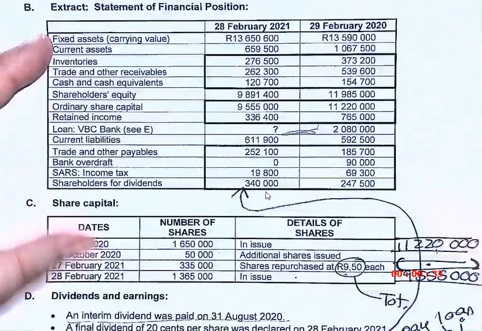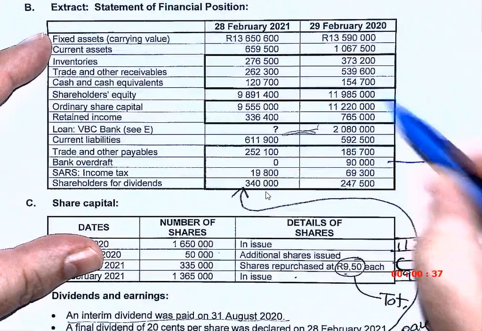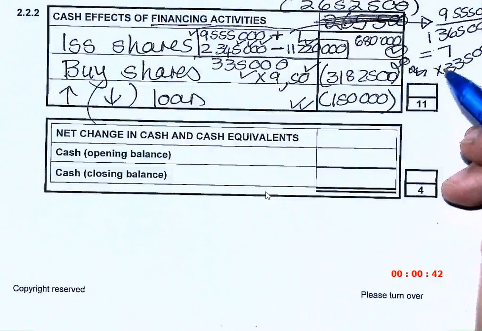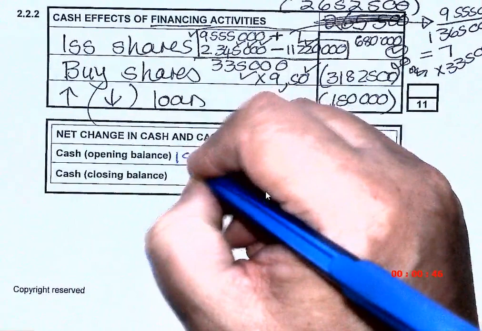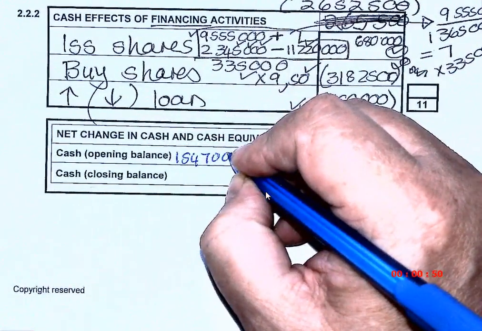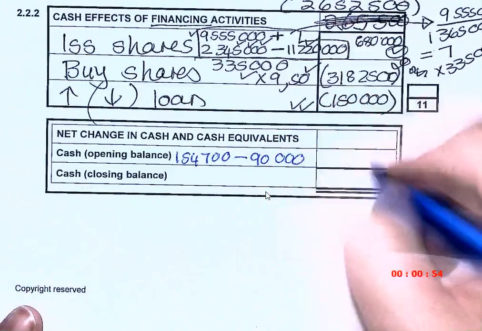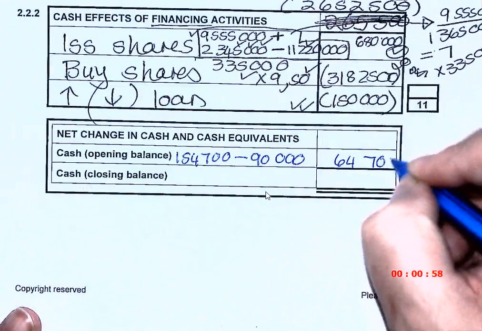So they gave me here the bank overdraft and they gave me the cash and cash equivalents. Right. So my opening balance had a cash equivalent of 154,700 and my bank overdraft was 90. So this is a positive amount of 64,700.